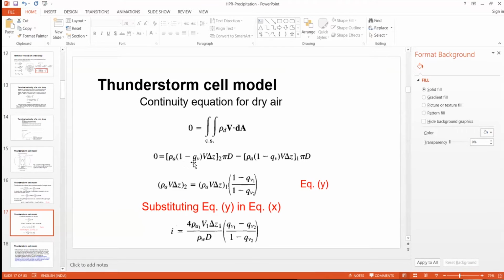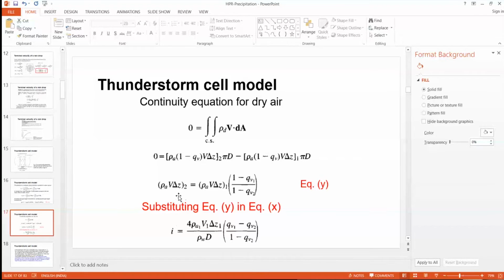So ρa(1 − qv) Δz at region 2 minus ρa(1 − qv) Δz1 equals zero. So this is the continuity equation for dry air. Whatever dry air is coming in, the same amount of dry air is going out, and the rest is falling: whatever moisture is coming in becomes rainfall.